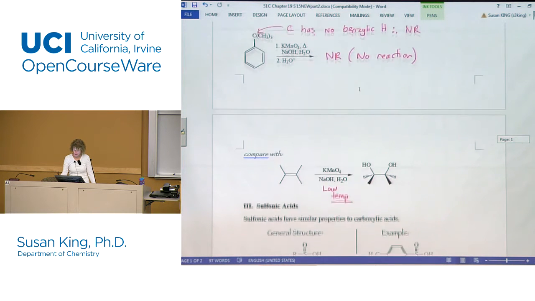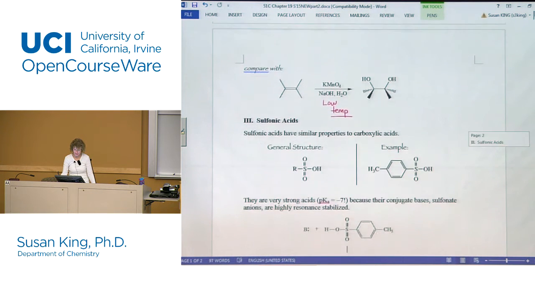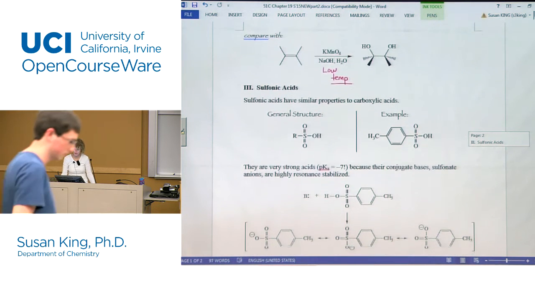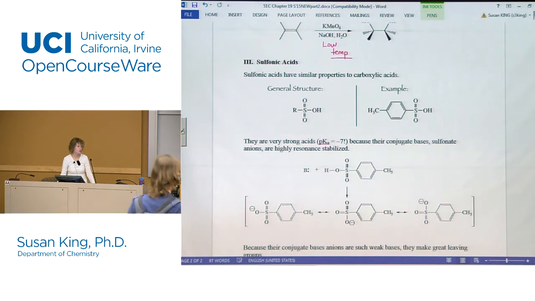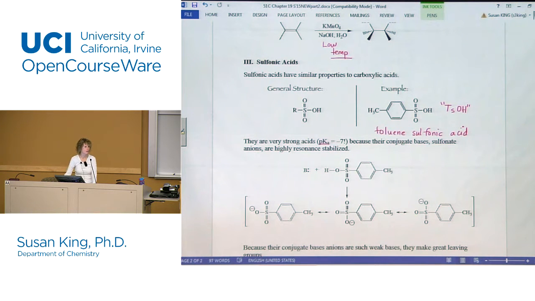And the last thing we want to talk about in this chapter is sulfonic acids. Sulfonic acids are very similar to carboxylic acids. You saw sulfonic acids last quarter in dehydration reactions, right? We abbreviated this TsOH, toluene sulfonic acid. Now that you've had chapter 18, that name makes sense to you.